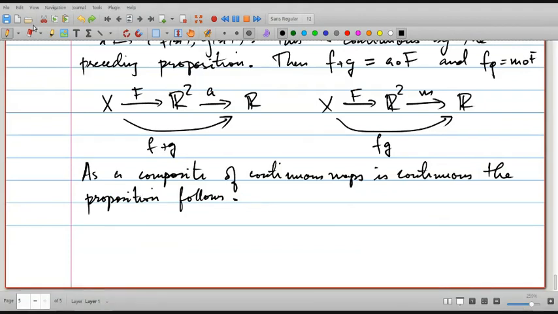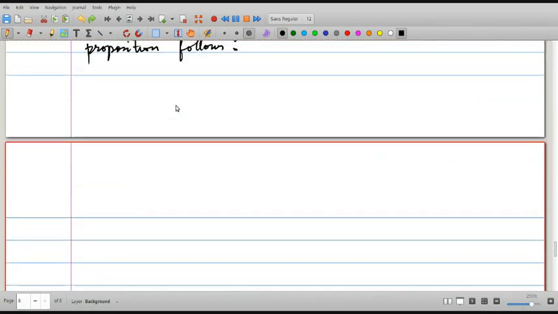So similarly, we can prove one more result.